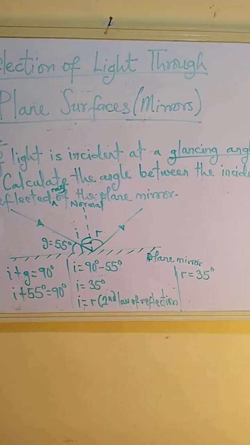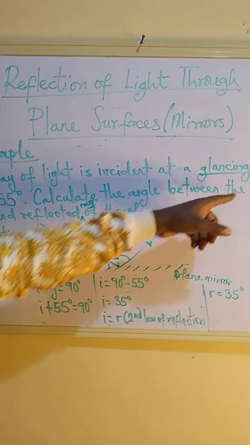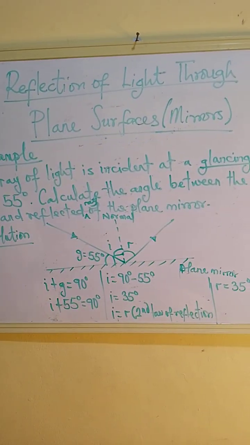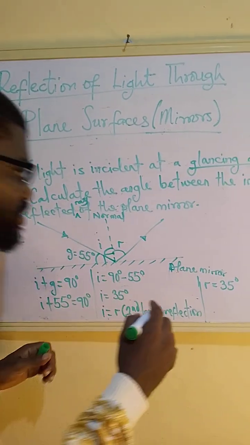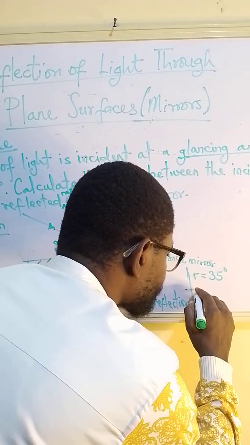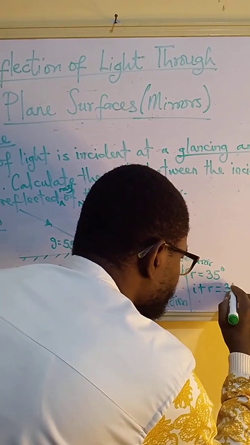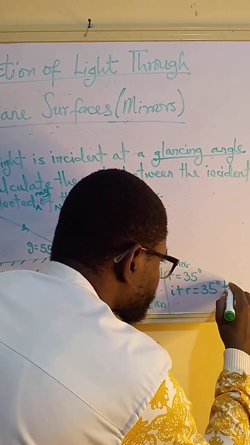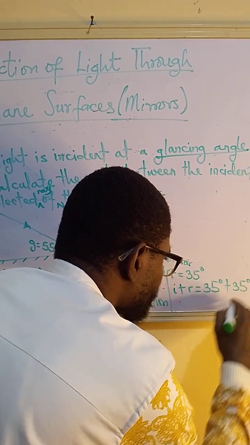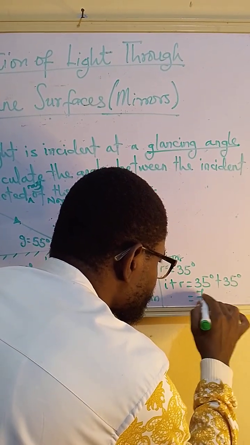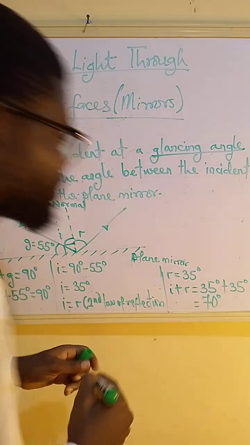Since the question asks me to calculate the angle between the incident ray and the reflected ray, I will add the two together. So the angle of incidence plus angle of reflection will be 35 degrees plus 35 degrees, and that gives us what? 70 degrees. That is the answer to the question.